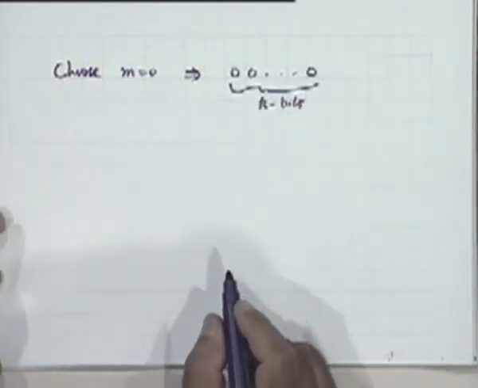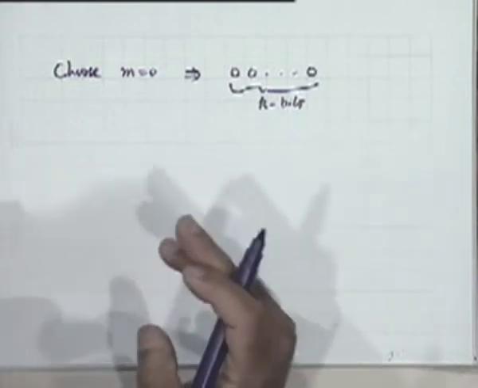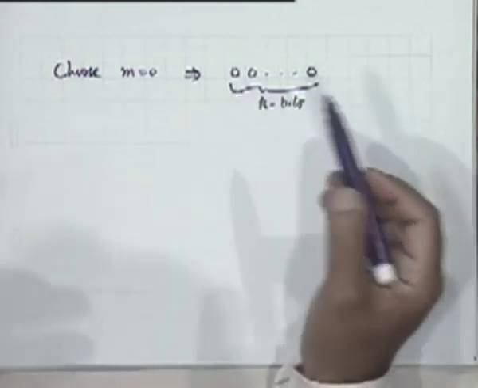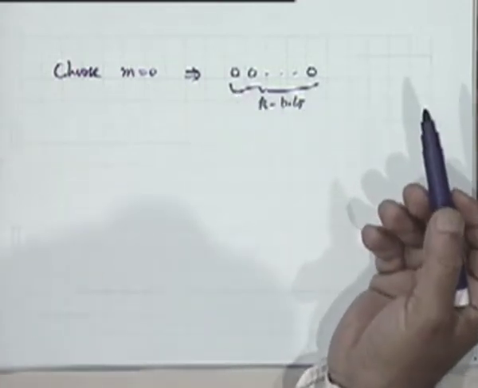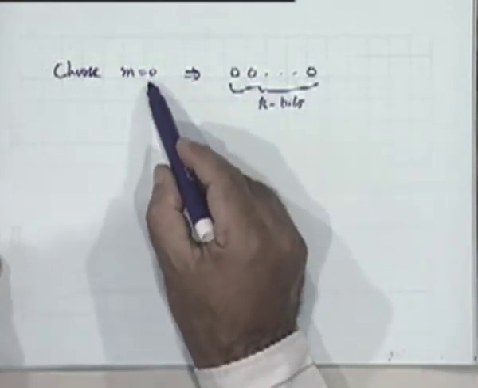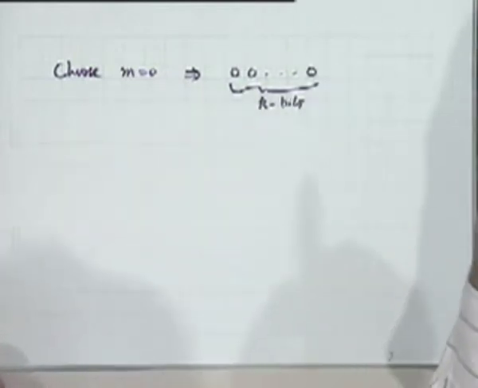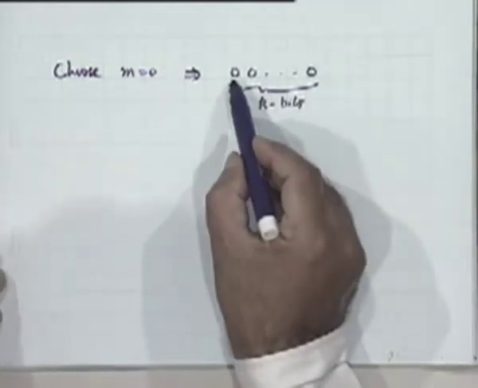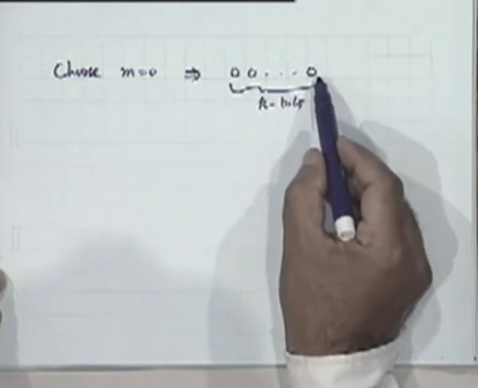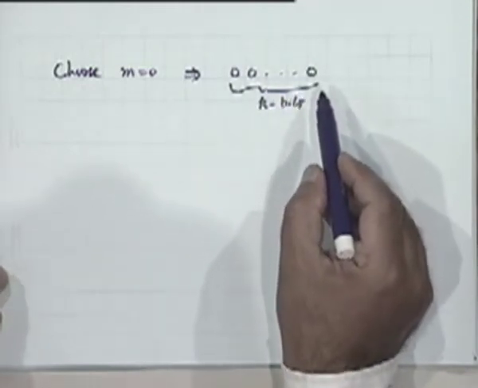Then the possible erroneous words are all the other possible words, right? Because this is the true value, all the error values will be m equal to 1 to m minus 1, and that will correspond to all other bit sequences other than the all-zeros bit sequence.